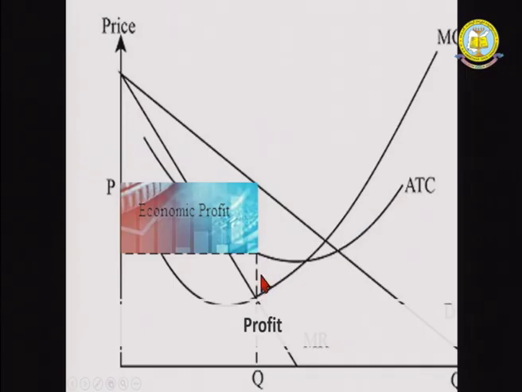Why does the average total cost begin to rise? As you increase the production beyond the controllable limit, you will not be able to control your costs. What does it mean? You are wasting the resources, you are wasting the materials because of the huge amount of handling of the resources.